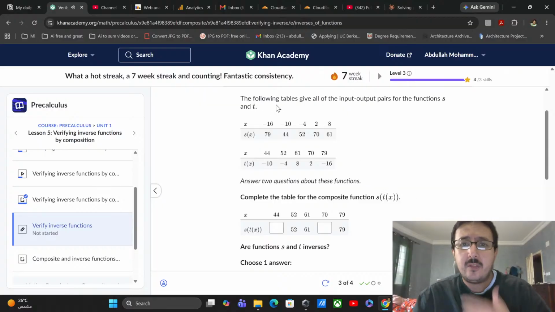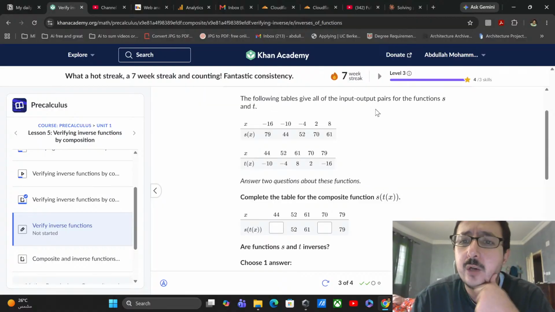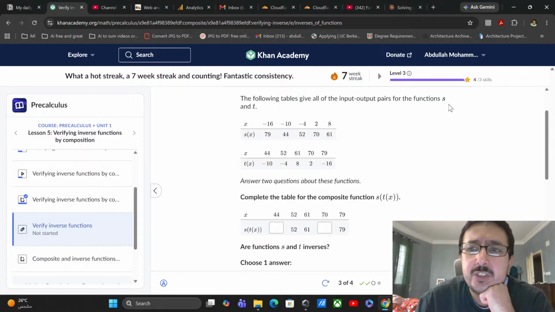Okay. The following tables give all of the input-output pairs for the functions s and t. Complete the table for the composition function s of t of x. So we have s of t of x. 44, plug it into t, I got minus 10, and minus 10 in s gives 44. So 44.